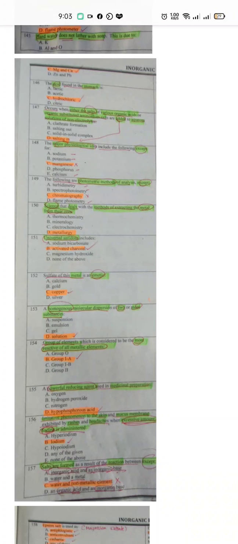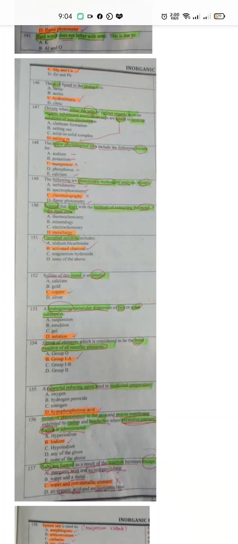So, your suspension, emulsion, and gel are heterogeneous dispersions. Suspension, two or more substances; emulsion, two immiscible liquids. Okay. So, your suspension, emulsion, and gel are heterogeneous mixtures. Your solution is a homogeneous mixture.